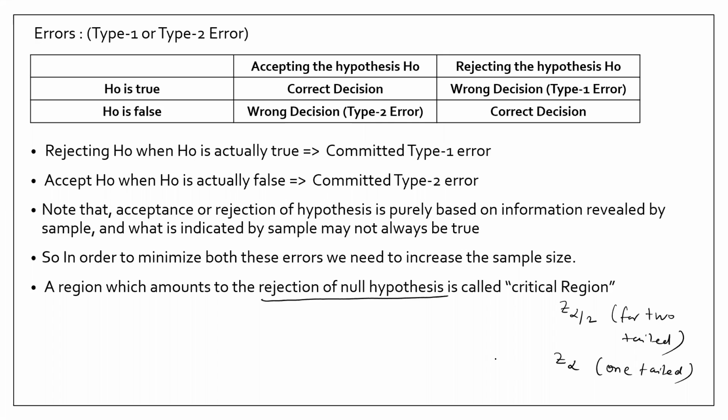Why alpha by 2 and alpha? Because we have two tails here, so half of the region should be here and half here, since the total area under the curve is 1. Whereas when it has only one tail, either the left side or the right-hand side, it will be only alpha. We will discuss that in detail.